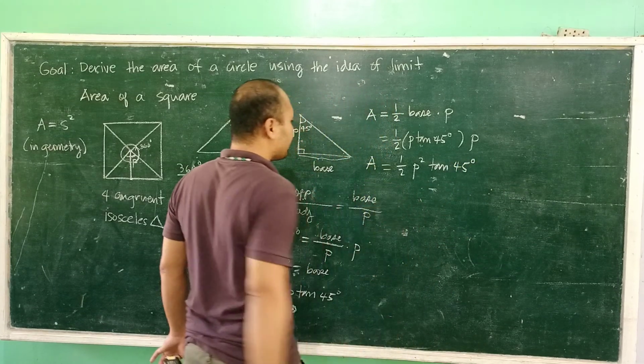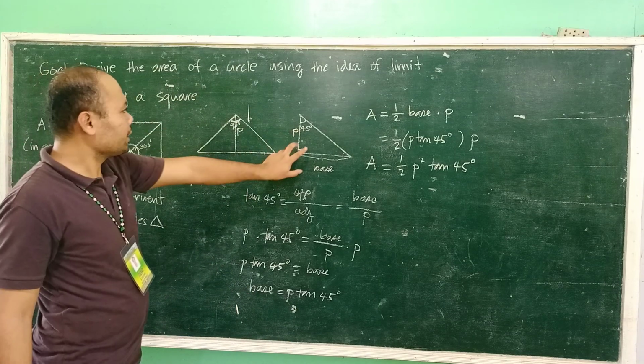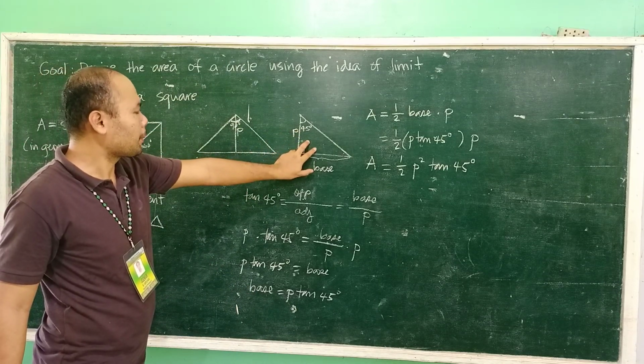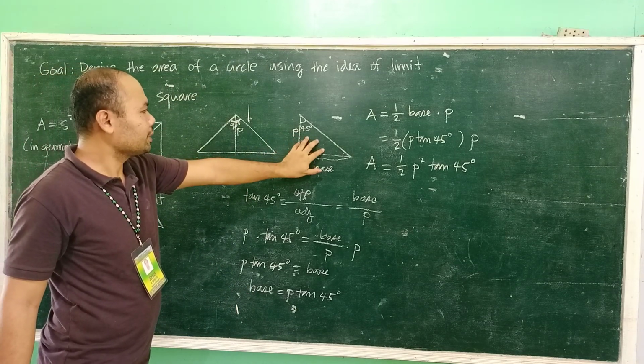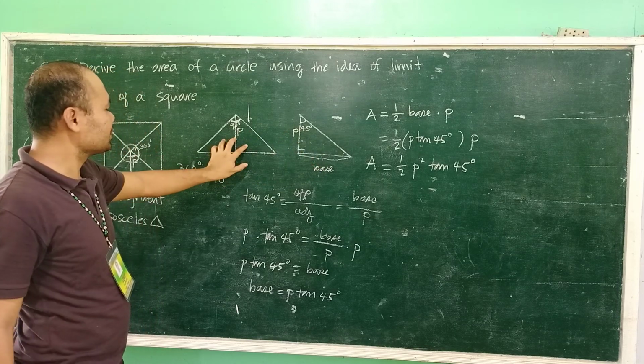That's the area of this isosceles right triangle.